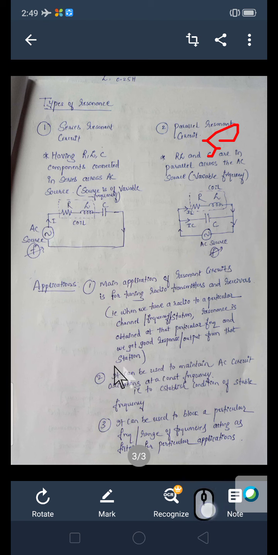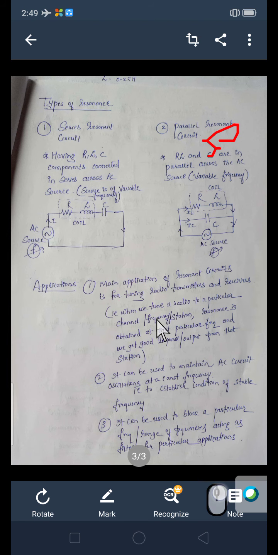Next, coming to the applications. A very important application of a resonant circuit is for tuning radio transmitters and receivers. While watching TV, we select a particular channel.